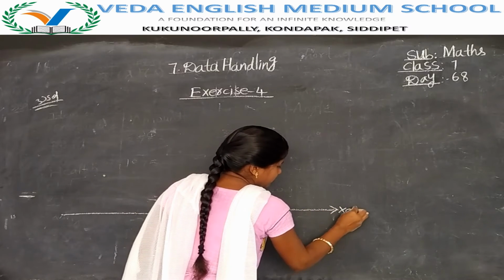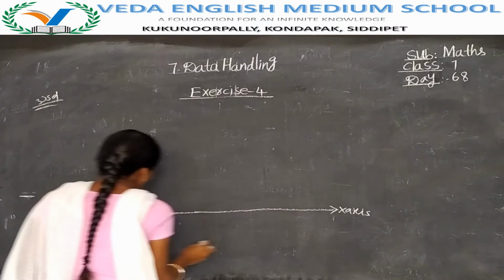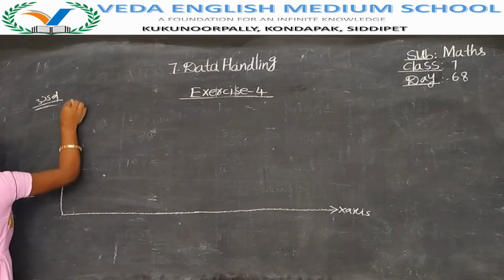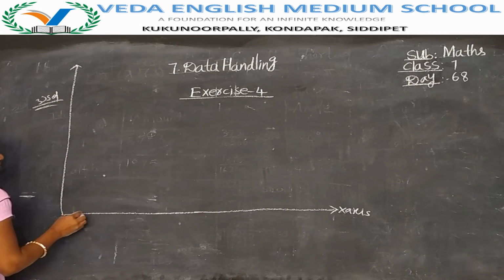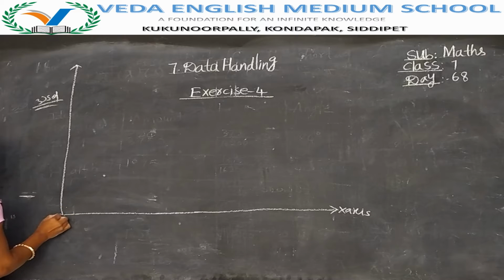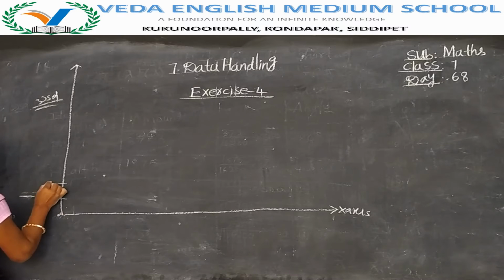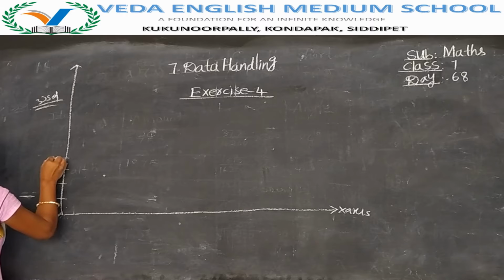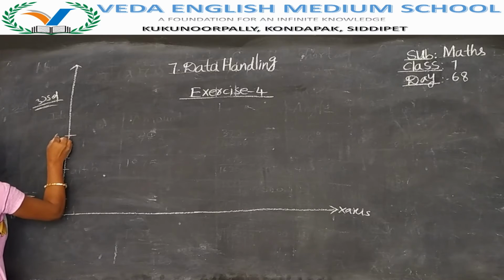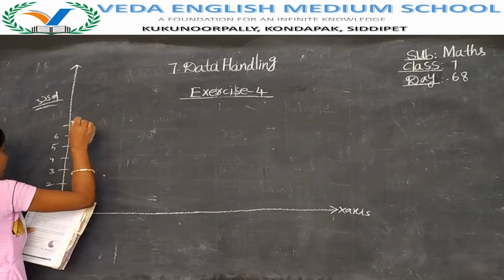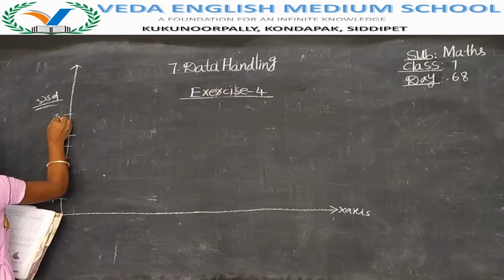X-axis, Y-axis. Then we will draw the graph. From 0 onwards we write 0, 1, 2, 3, 4, 5, 6, 7, 8.